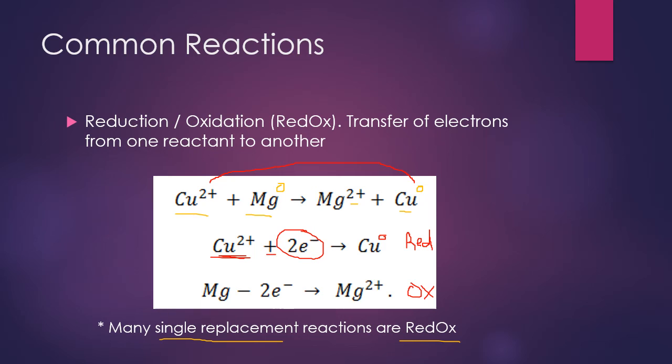So let's look at what's happening to magnesium. We can see for magnesium here that it's going from a 0 to a +2. Why is it going from 0 to +2? It's losing 2 negatively charged electrons. It loses those 2 negative electrons to get that +2 charge.